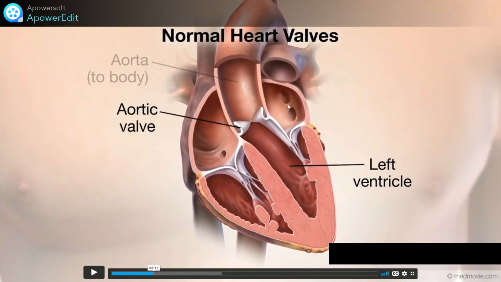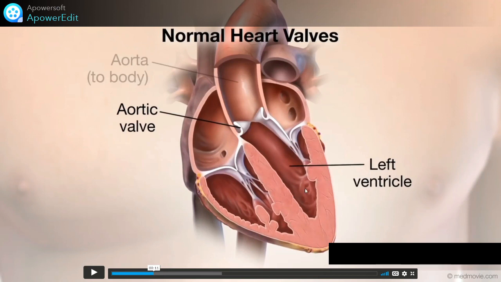In this picture, we see the blood flow in the heart is one way. This is the left atrium, LA. The blood comes from the pulmonary arteries to the left atrium, and through the mitral valve it comes to the LV, the left ventricle.